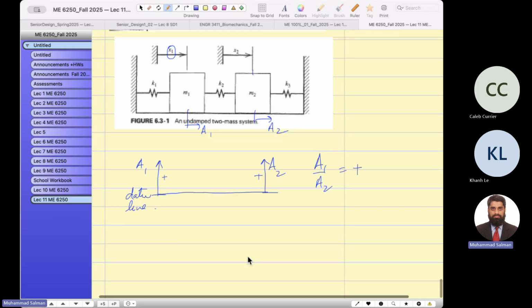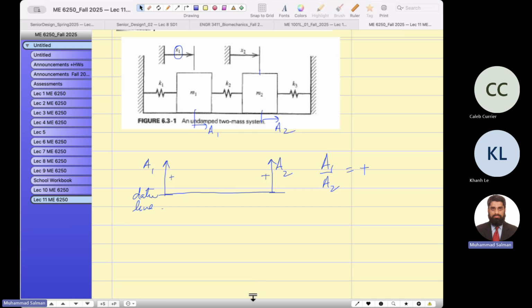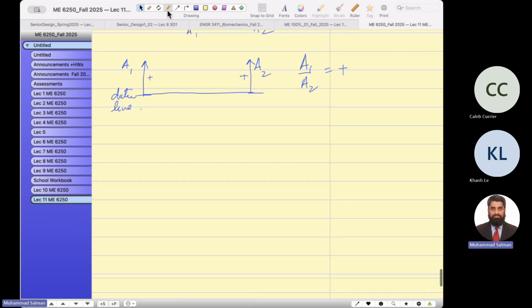And suppose the second mode, if you plug in the higher frequency, the second natural frequency, you will draw a datum line here, and imagine this is positive a1, which is suppose 2 centimeters above, and this is negative, a2. This is a point where there is no motion, the node.